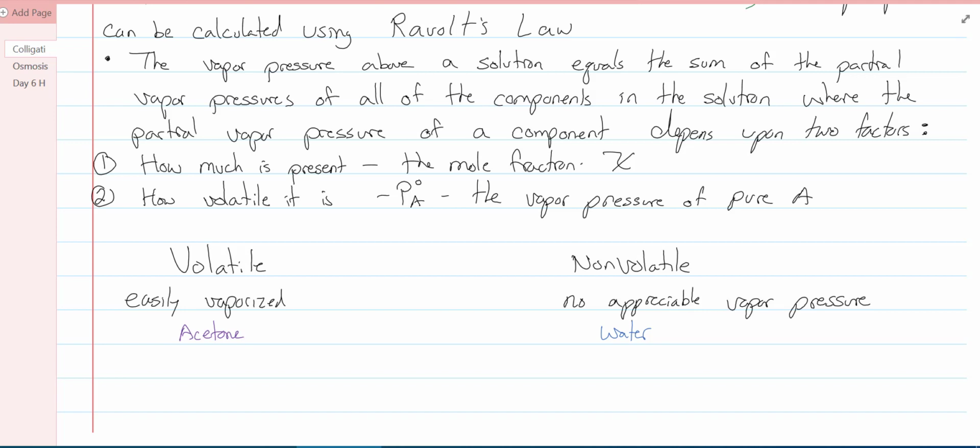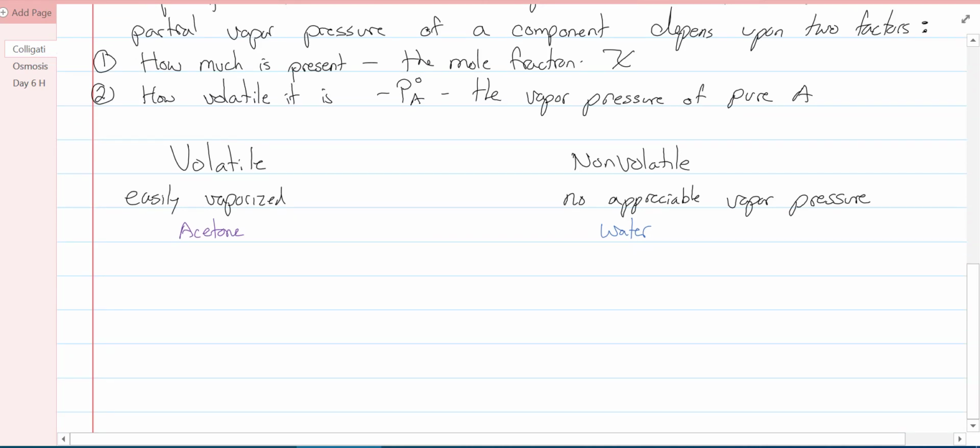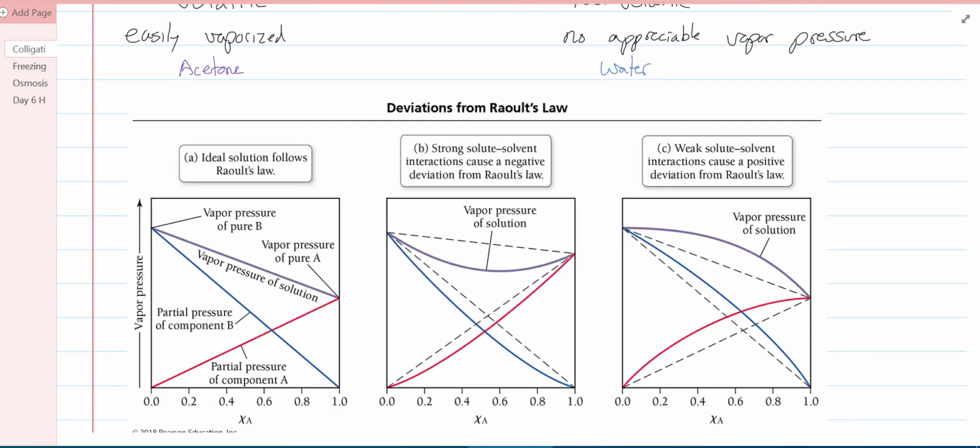Okay, so let's look at this. Here's a picture of Raoult's law from the book. I'm going to use green. Alright, so this is the mole fraction of A. It's a mixture of A and B. So just look at this one right here for now.